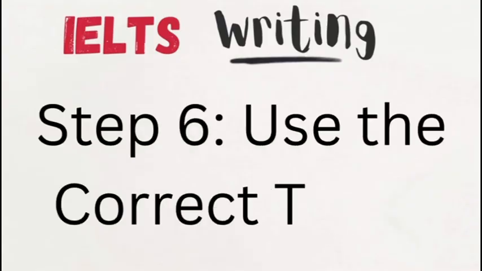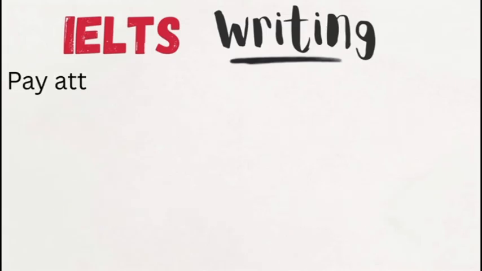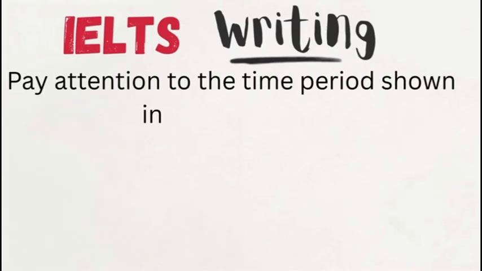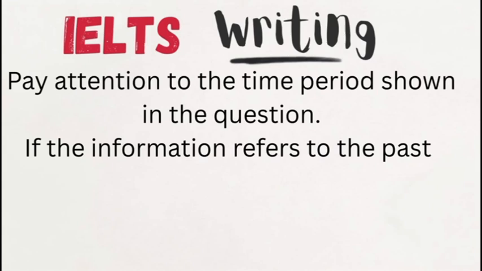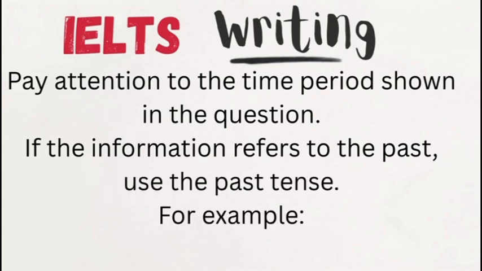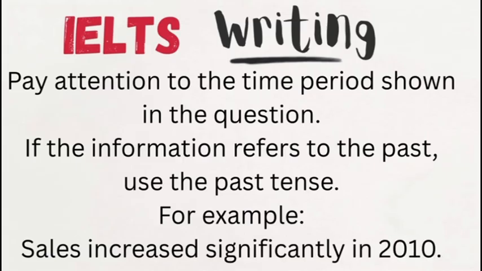Step 6. Use the correct tense. Pay attention to the time period shown in the question. If the information refers to the past, use the past tense. For example, sales increased significantly in 2010.